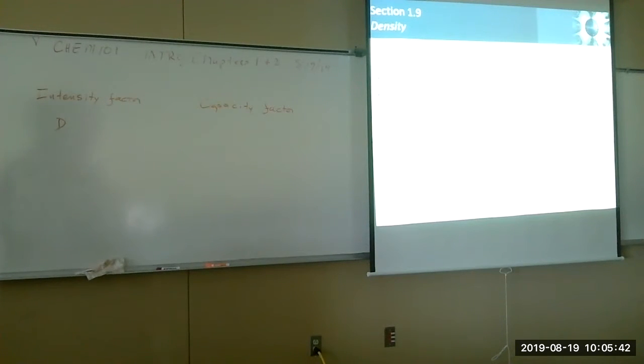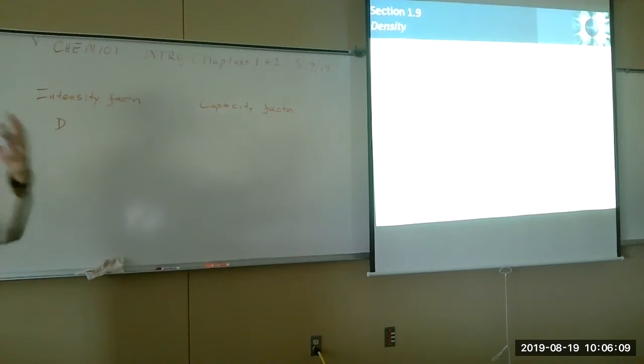Sometimes it's helpful to recognize the difference. Many times, an intensity factor will be a combination of units, in this case, mass per unit volume. But it doesn't always happen. An intensity factor where you only have one unit of measure is temperature. The temperature of a substance, as long as it's equilibrated, is the same no matter how much you have or where you look at it.